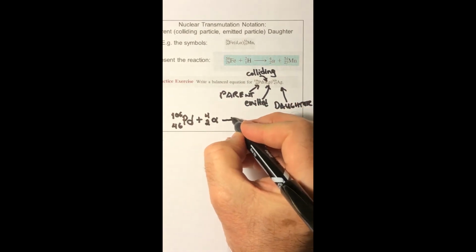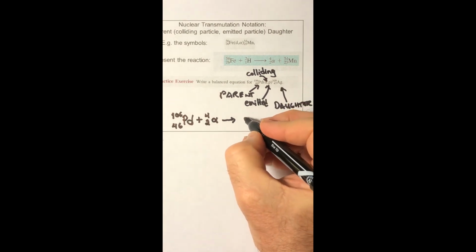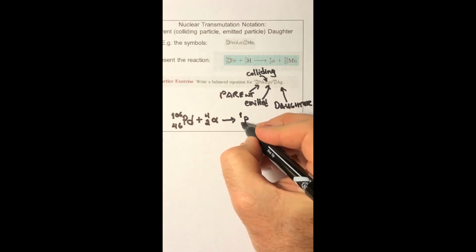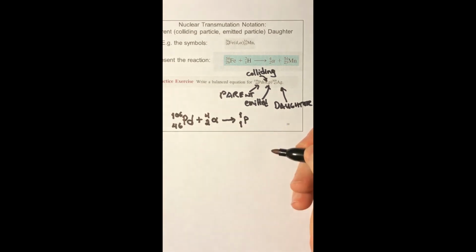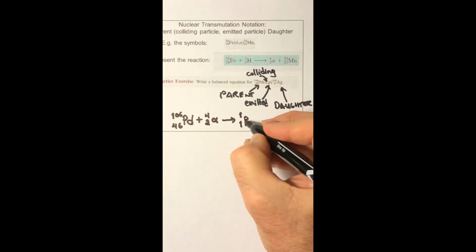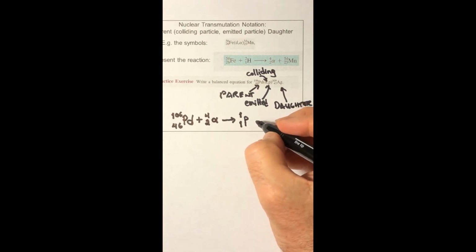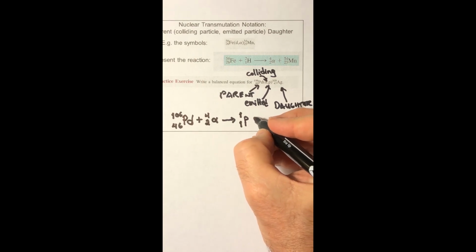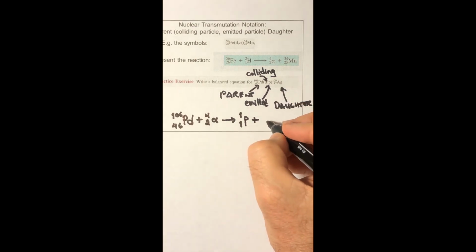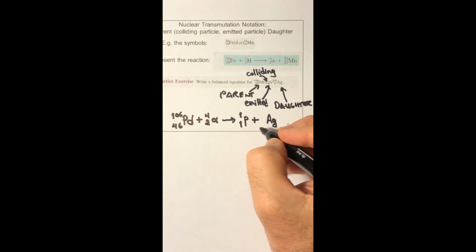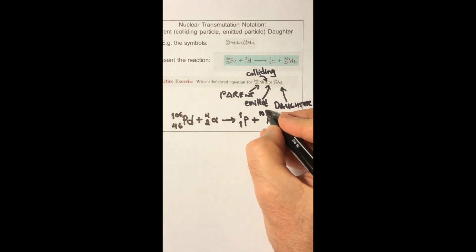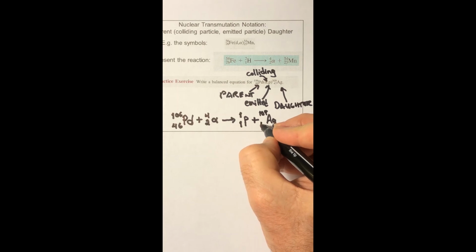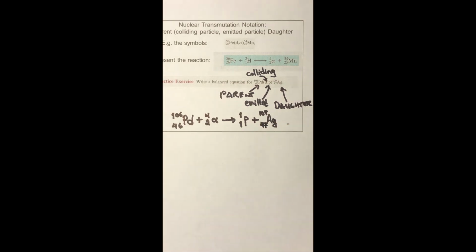And this is going to generate a proton, which remember we write in the form p with an atomic number or nuclear charge of 1 and a mass number of 1. And remember, this is small p, this is not a capital P like in phosphorus. And the other thing we're going to generate is silver-109, and the atomic number is 47.